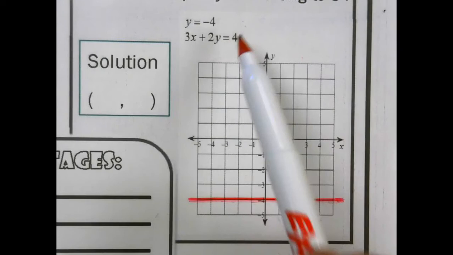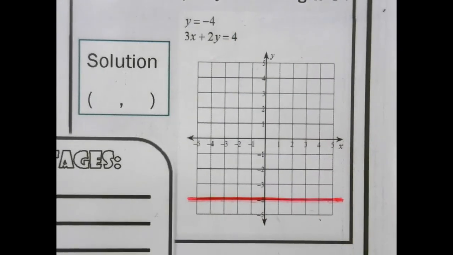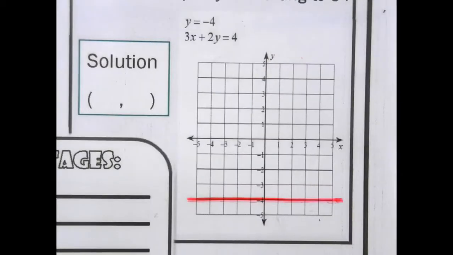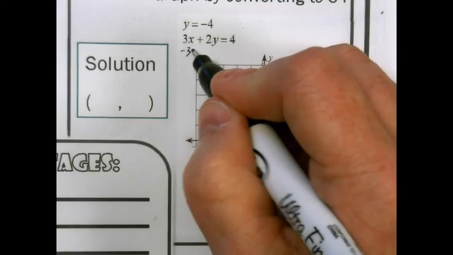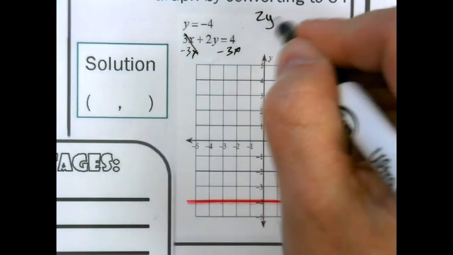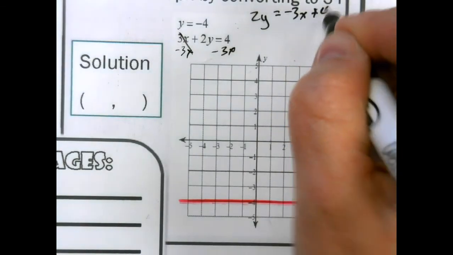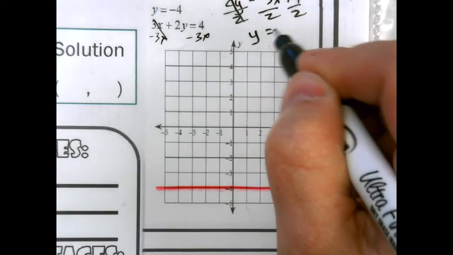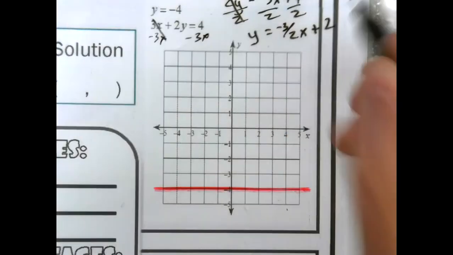This other one, you can't graph that one on here. You can graph it on Desmos. But if we rearrange it, if I subtract 3x from both sides, that gives me 2y equals -3x plus 4. Divide everything by 2. This is what it means by solving it. So -3/2 x. 4 divided by 2 is 2.